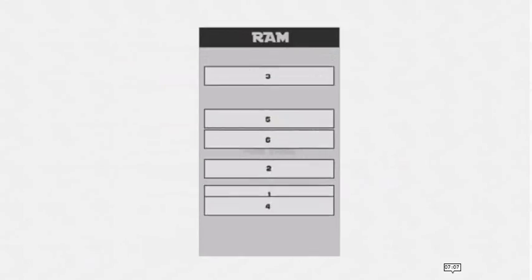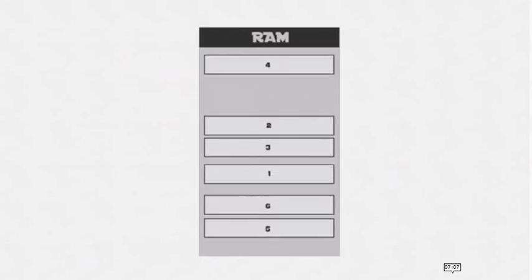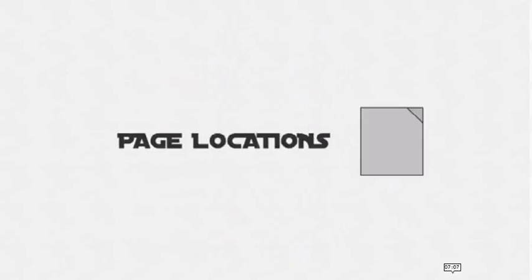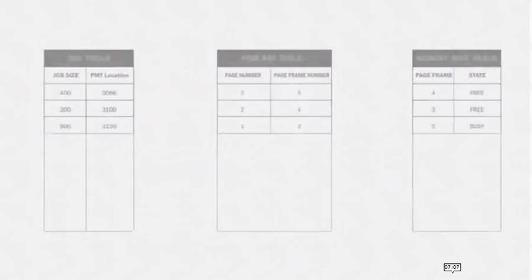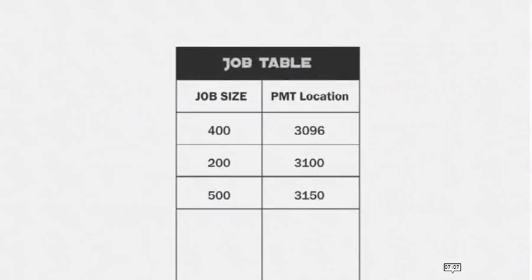Now, this is a more efficient scheme, but it does come with a few complications. We need a way to keep track of all the page locations, which increases complexity in the operation. Through the use of 3 tables stored in part of the main memory, we can keep an eye on the locations of various jobs. First is the job table, which is a dynamic list that contains 2 values: the size of the job and the page map table location of that job.